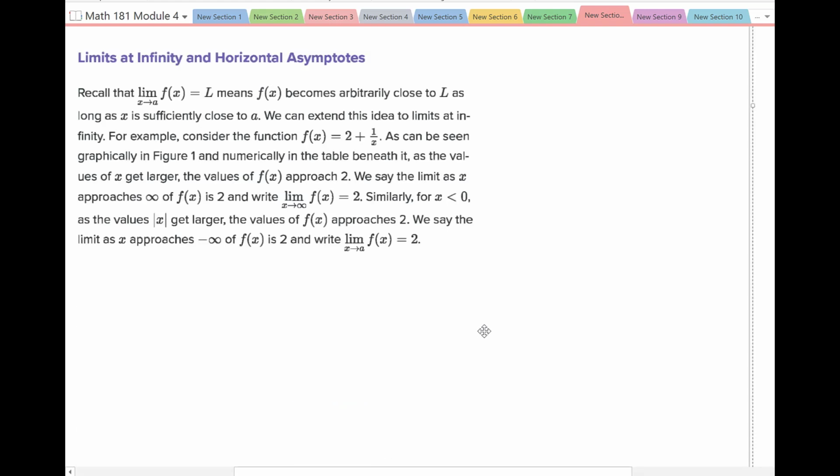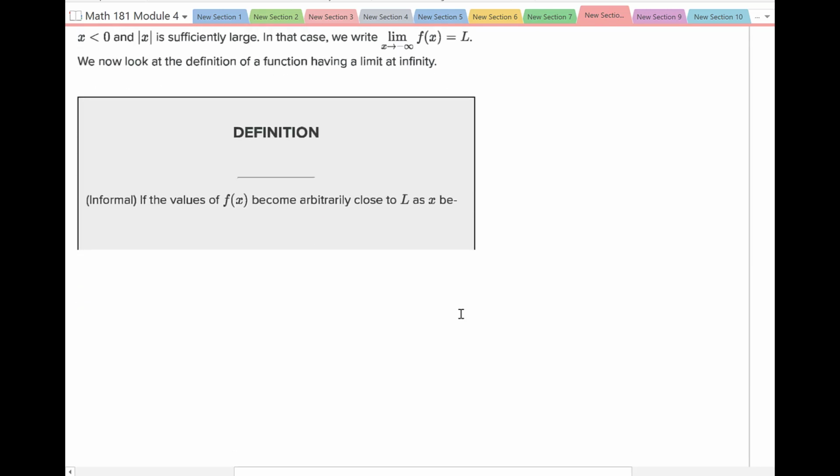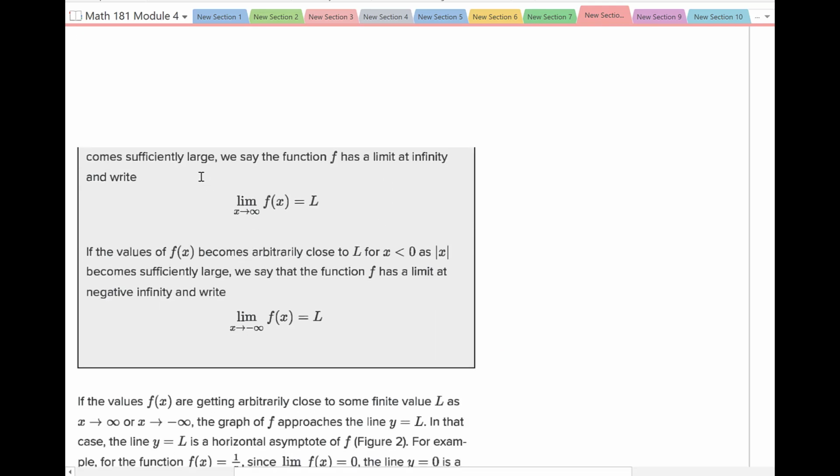So let's talk about the informal definition. The values of f become arbitrarily close to L as x becomes sufficiently large.